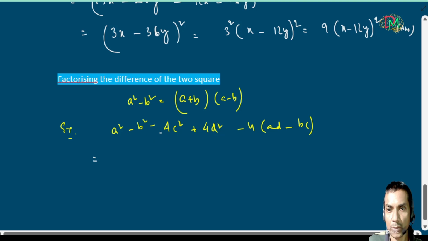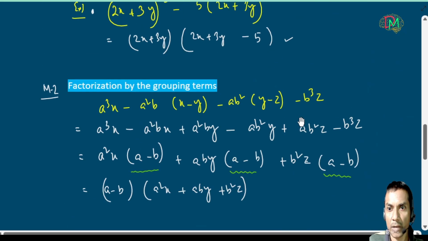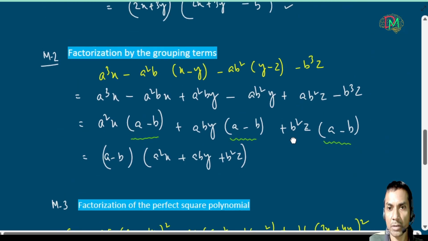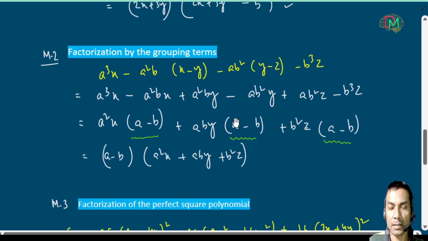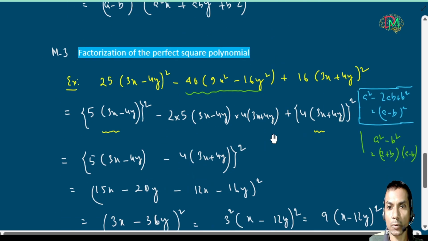So here actually we change the group with this method we apply. Sometimes factorization is a combination method, so two or more methods are applied in the same question. So here first we do the factorizing by grouping the items.